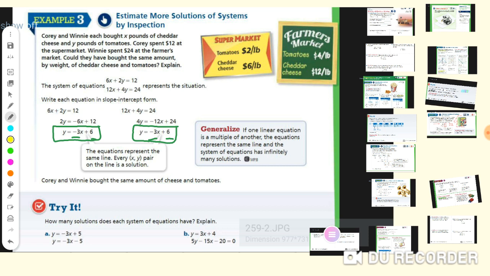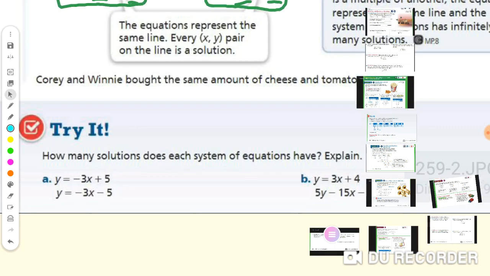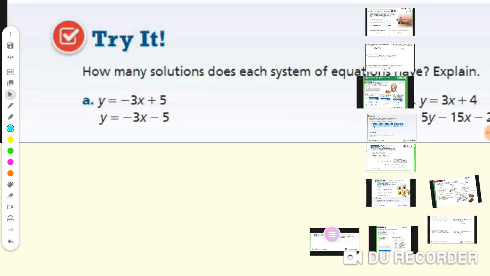Okay, let's decide the right one here, the last one. How many solutions does each system of equations have, and explain it. Okay? First one, as you see here, y equal negative 3x plus 5.